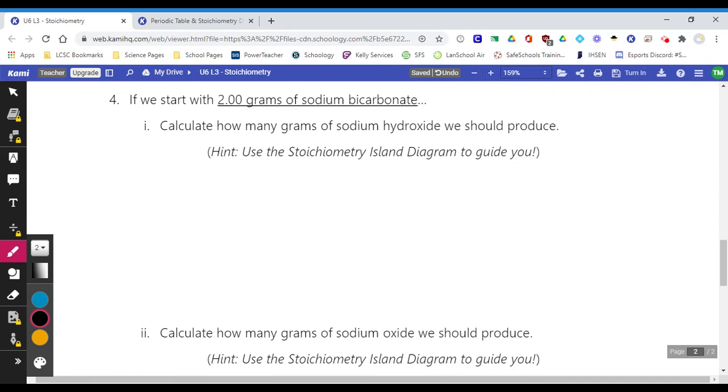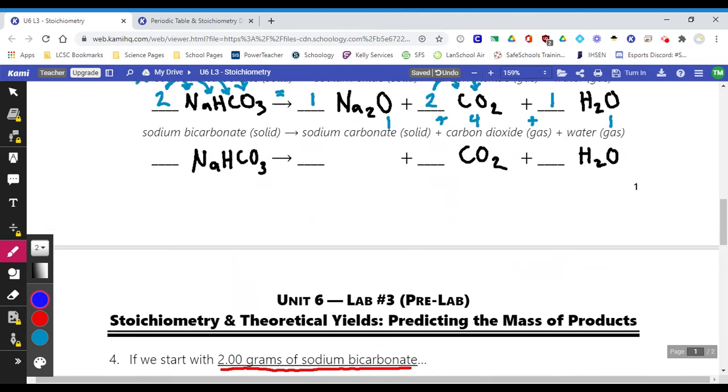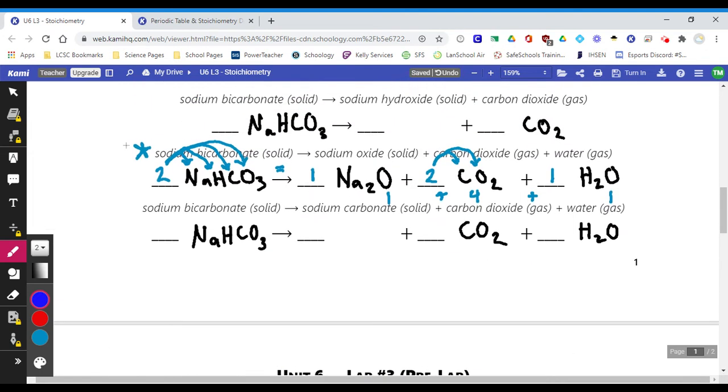So if we start with 2.00 grams of sodium bicarbonate, we want to figure out how many grams of sodium oxide we should make out of the reaction. We are using the reaction equation up here, the one we figured out already.